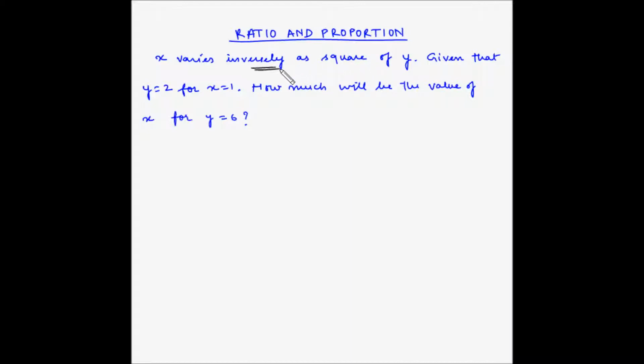So x is inversely proportional to the square of y. Let us first understand what is meant by inverse proportionality and direct proportionality. So there are two types of proportionality: direct proportionality and indirect or inverse proportionality.